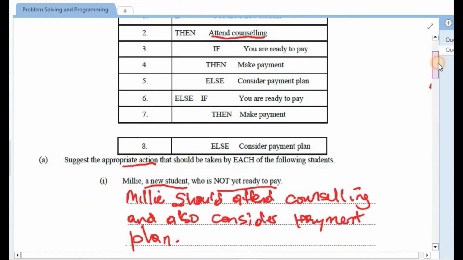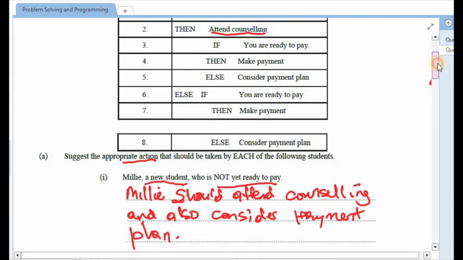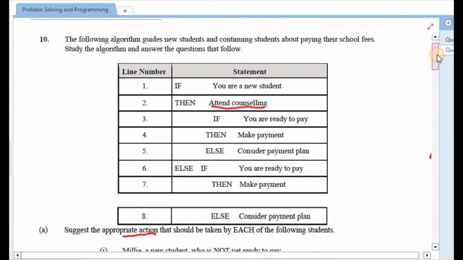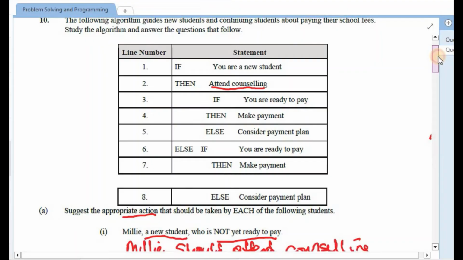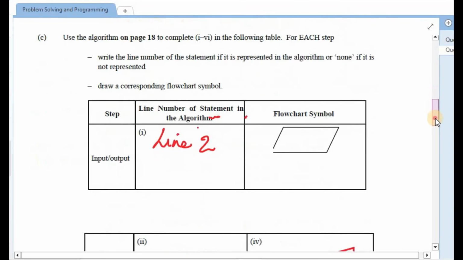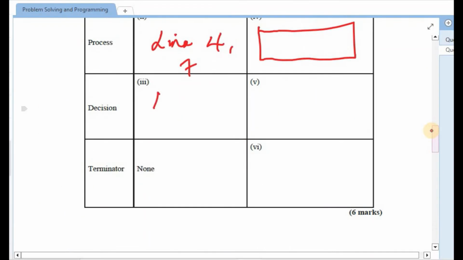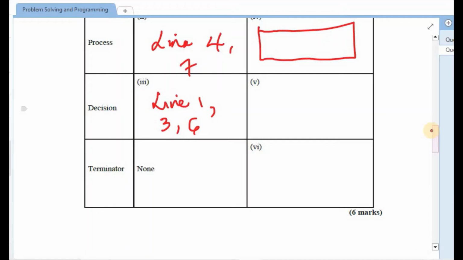And line 6 was also a decision, again, based on the continuing. So for mine, I'm going to use line 1. You could have used line 1, line 3, or line 6. And the symbol for a decision is a diamond.